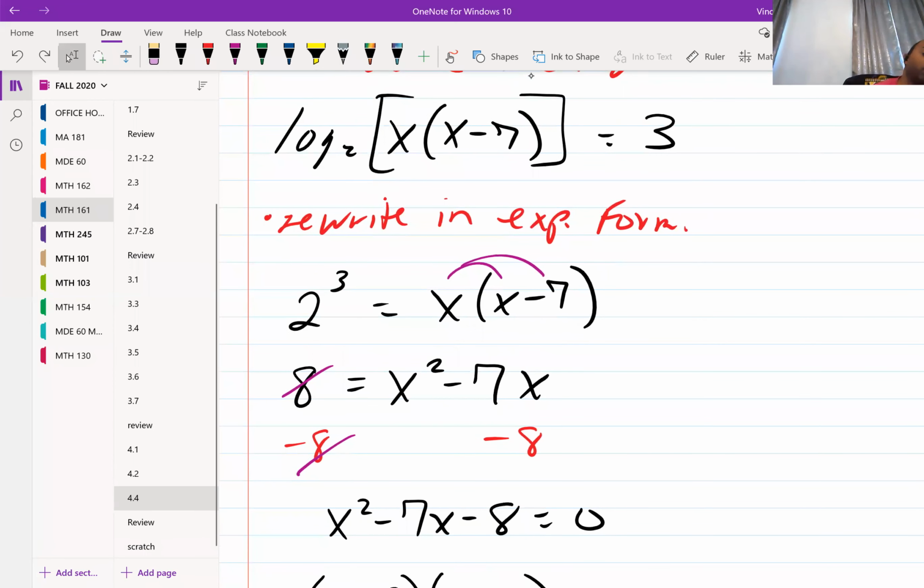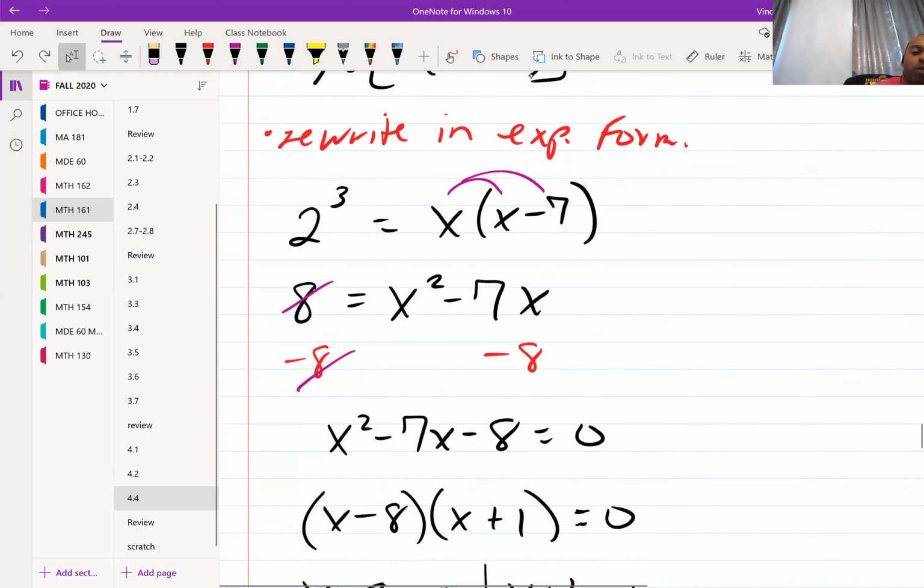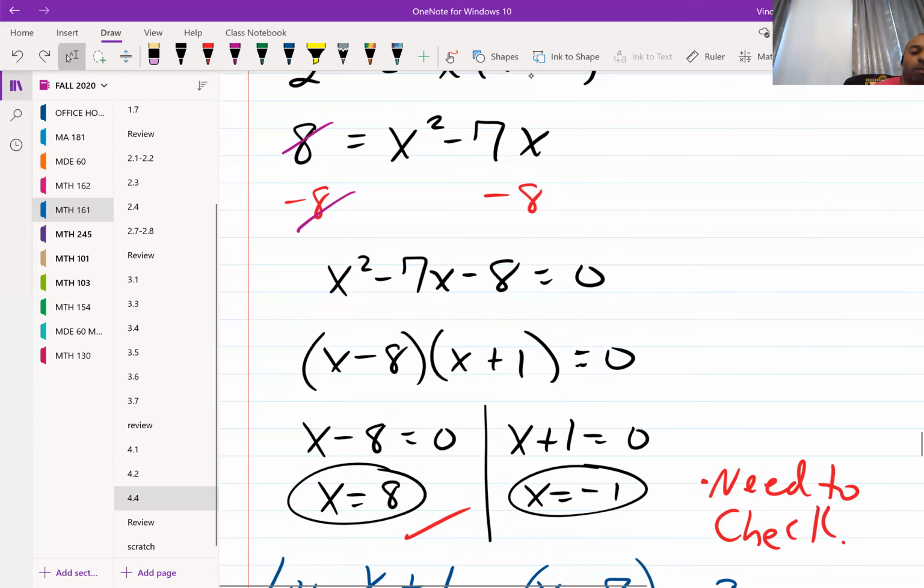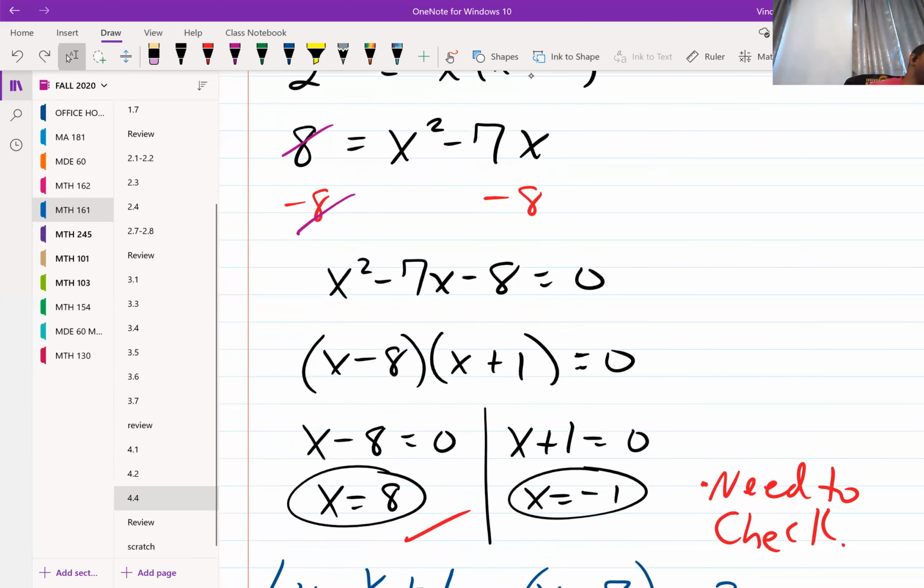And that'll bring us here. All right, solve the quadratic equation. That'll give you x equal to 8, x equal to negative 1.